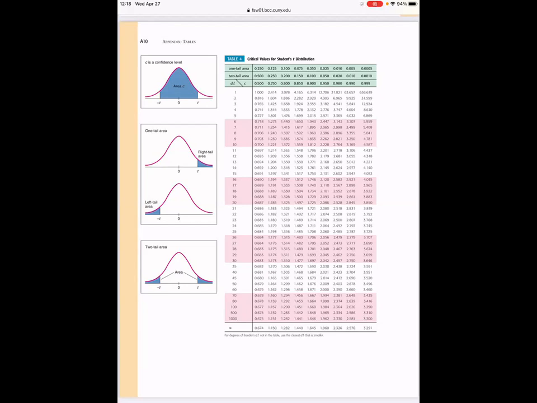Next to the degree of freedom, you have your C. In the top, forget about the first 2 rows. In the third row, you have D.F., the degree of freedom, and next to D.F. there is C, the confidence level. You have 0.500, 0.750, etc.